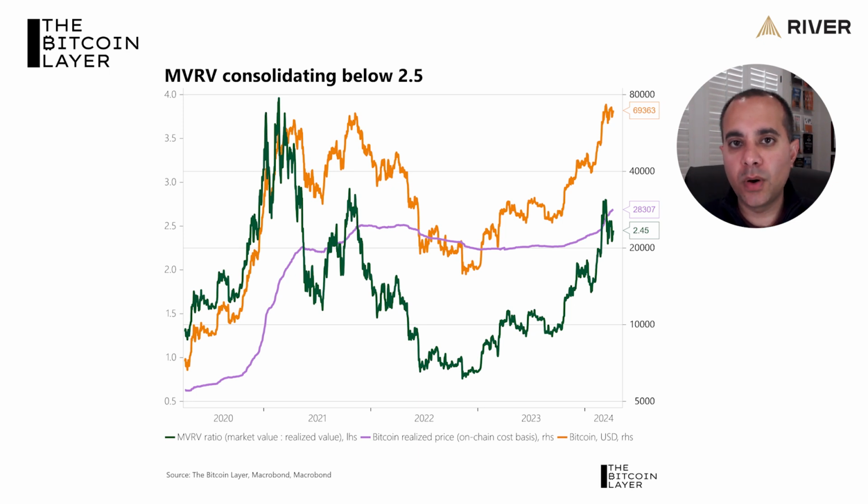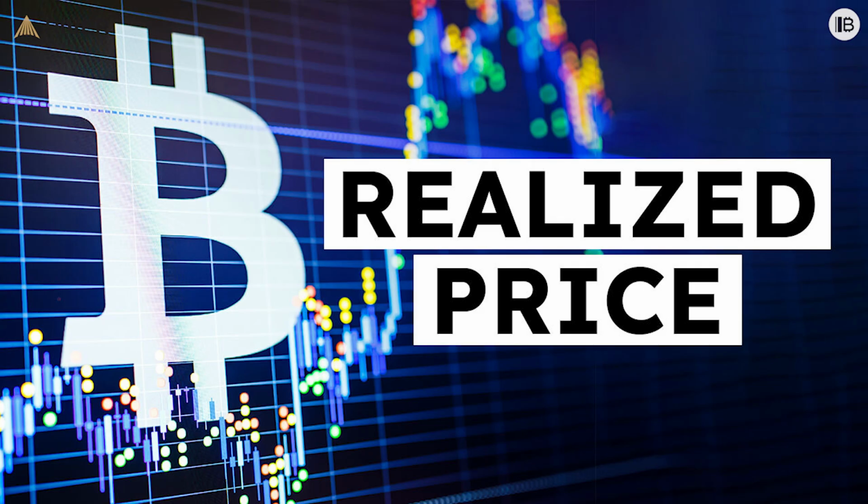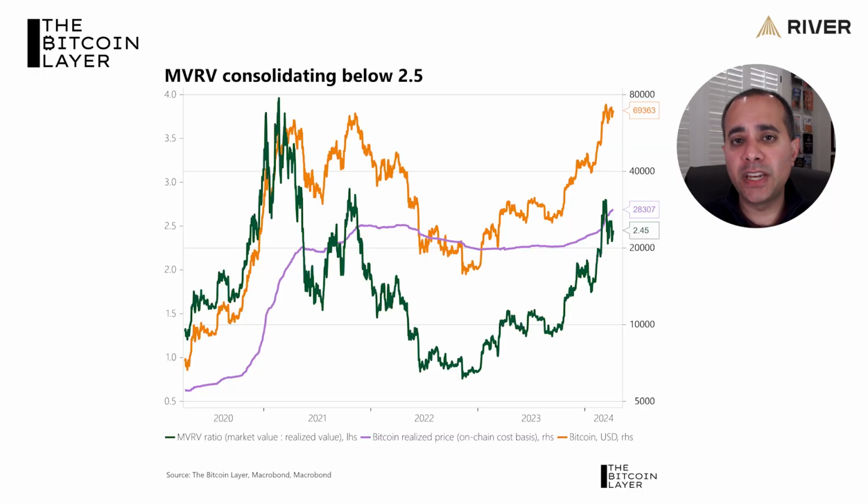Go check out our video on what is Bitcoin realized price for an explanation into this next metric. But in purple here, we have on-chain cost basis. Our realized price has gone very strong here over the past few months. Bitcoin is changing hands. That's what this means.